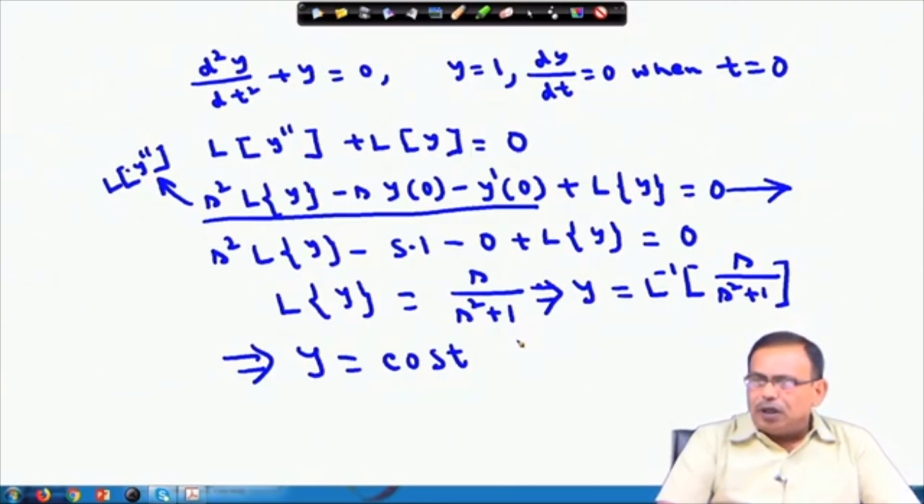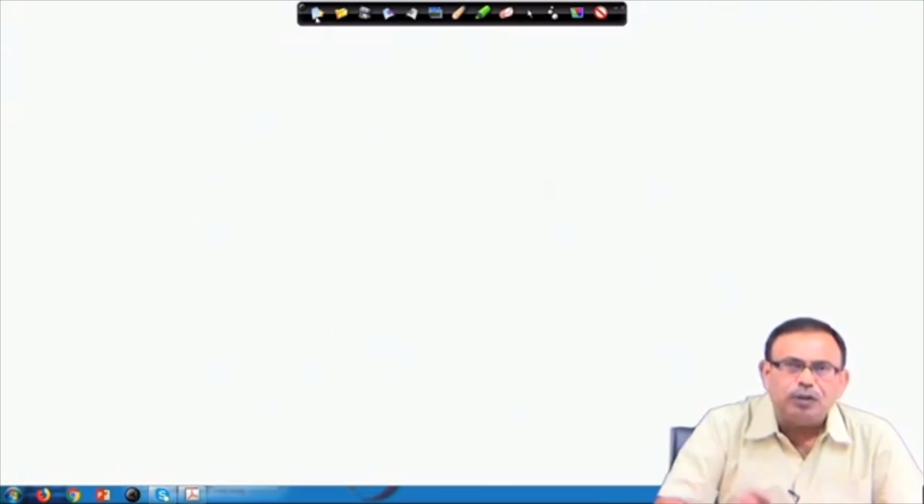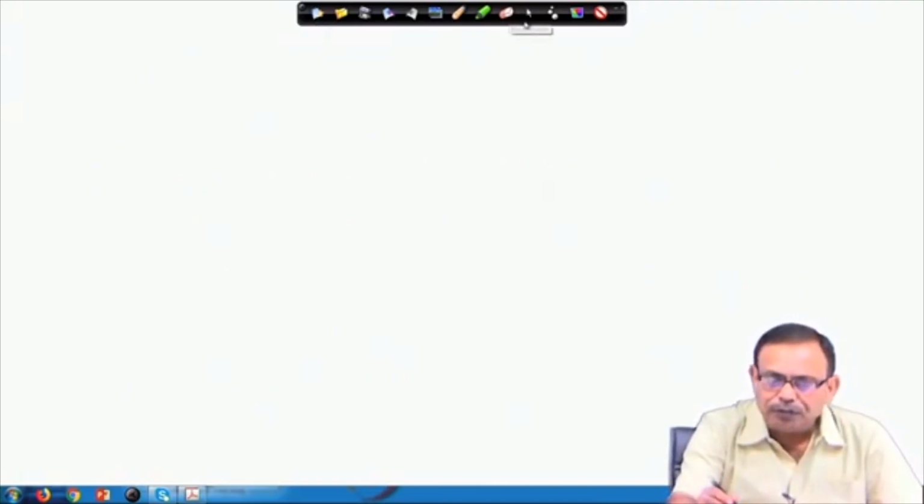Once I do this, I will obtain one algebraic equation of the form Laplace transform of y equals some function of s, and from there I can find y equals Laplace inverse of that function of s, and by evaluating it, I can obtain the solution, that is y equals some function of t. So, this is the basic mechanism we use here.